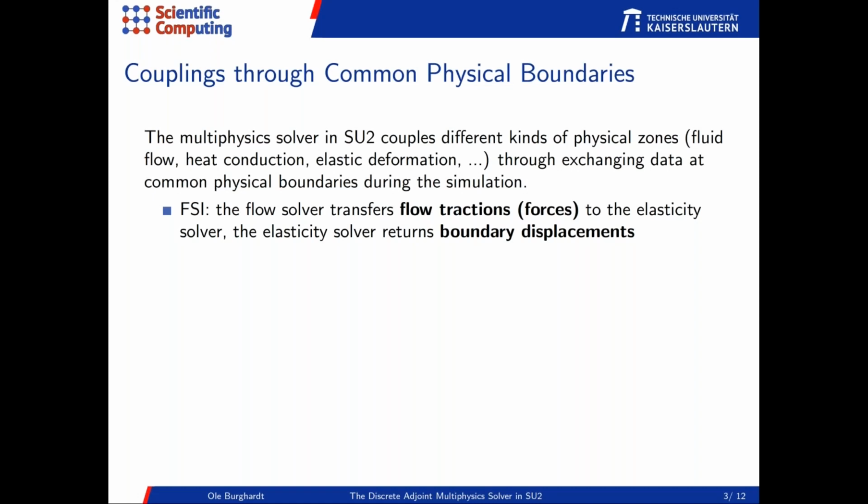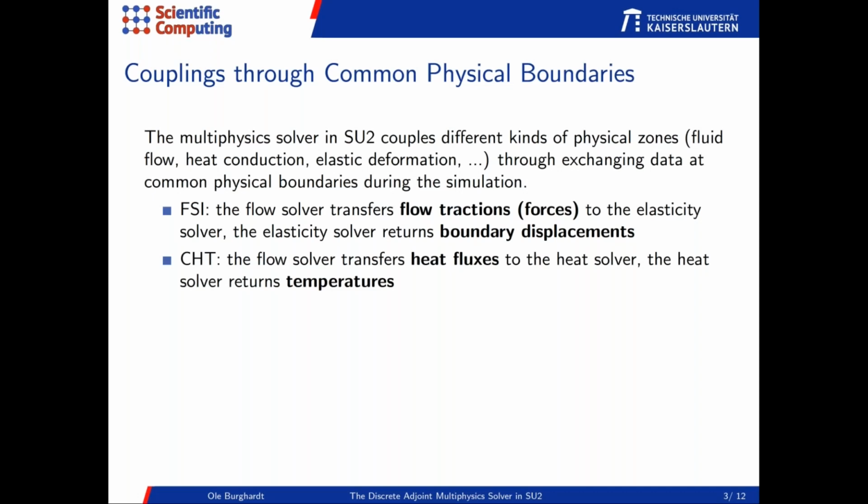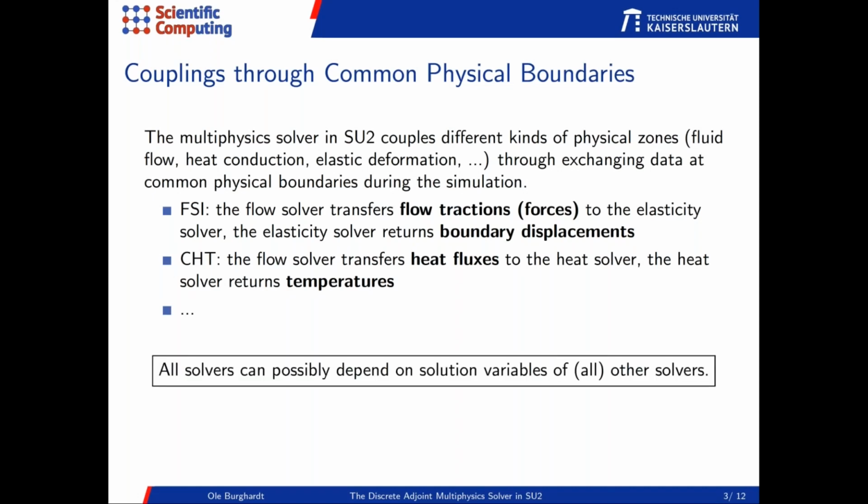In case of CHT, the flow solver transfers heat fluxes to the heat solver, and then the heat solver would return temperature distributions, and so on. However, for the scope of this talk, the concrete choice of the physical setup is actually not important. The message here is just that all solvers can possibly depend on solution variables of all other solvers.